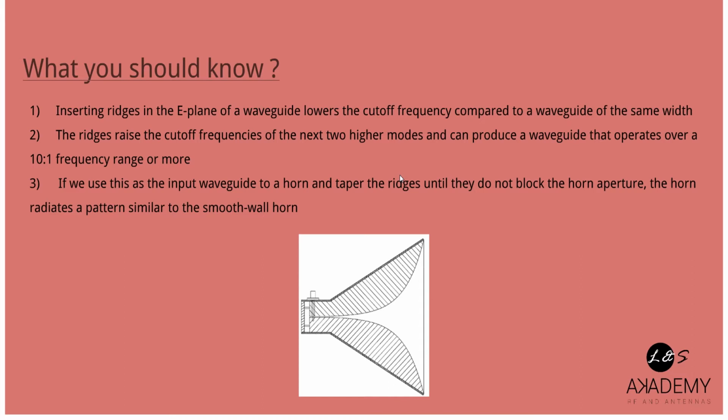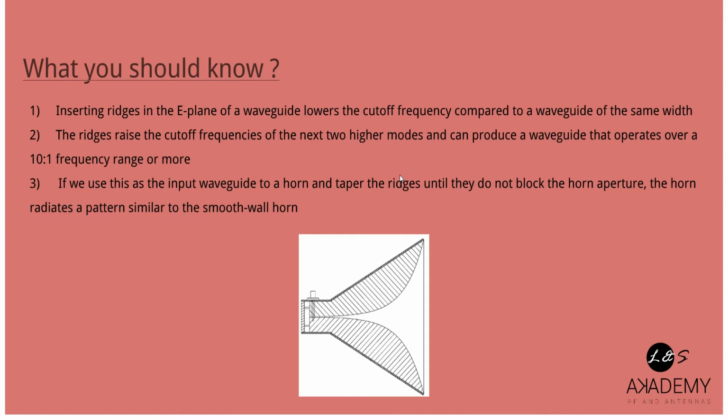The second point, which is related to the third one, is that by using ridges we can lower the cutoff frequency, and at the same time raise the cutoff frequency of the next two higher modes. With that, we can produce a waveguide that operates over a wider frequency range.